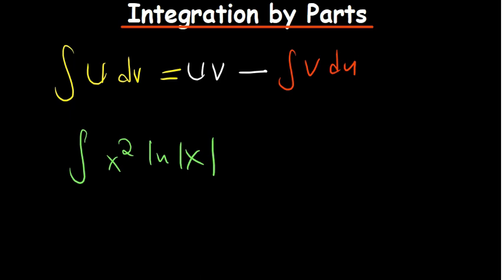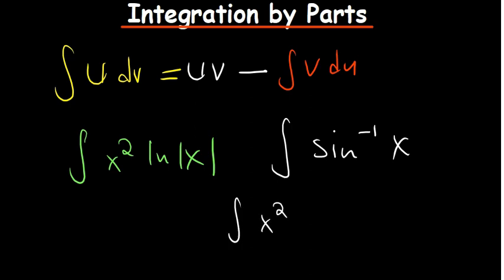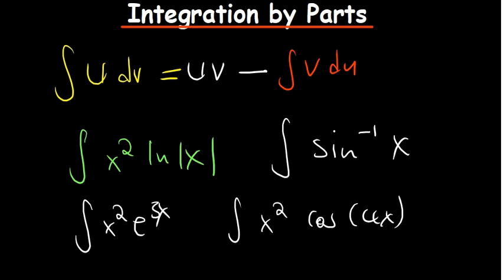How do you integrate such questions? We'll look at integration of trigonometric functions like sine inverse of x. How do you determine the integral of x squared cosine of 4x? How do you integrate x squared e to the power 3x? So these are just samples of several questions we're going to go over.